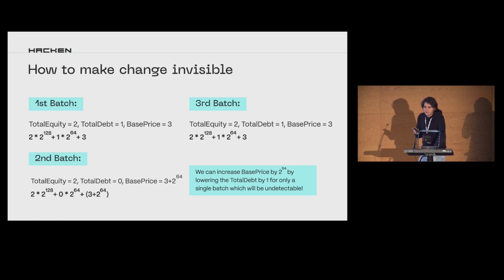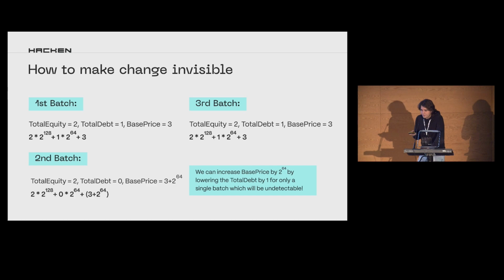The problem is that they decided to use batches. So someone could modify the value of the base price in only one batch. And how to do this? That was actually pretty simple. All someone had to do was lower the total debt or lower the total equity, and then it was possible to increase the base price.